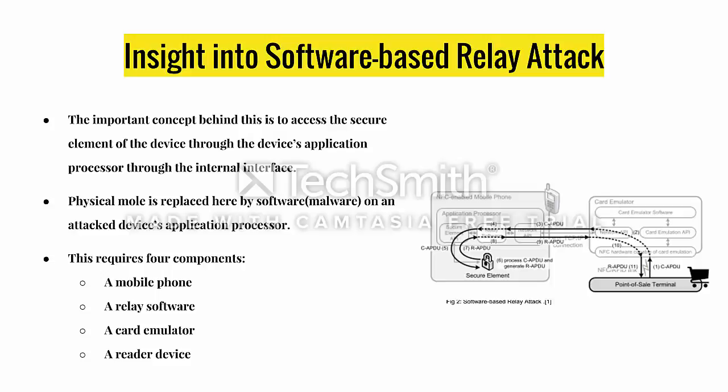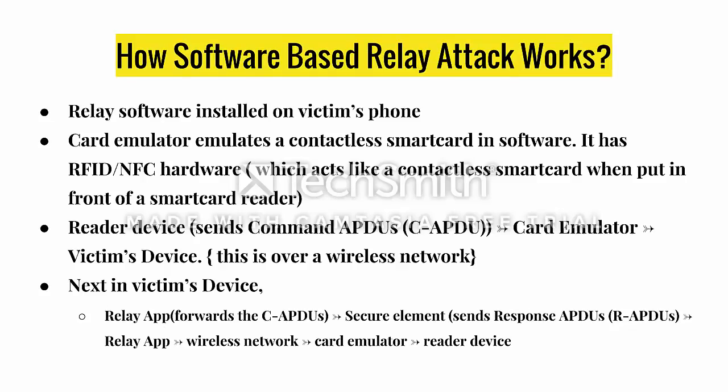The relay software is installed on the victim's mobile phone. The card emulator emulates a contactless smart card in software. It has RFID NFC hardware which acts like a contactless smart card when put in front of a smart card reader.